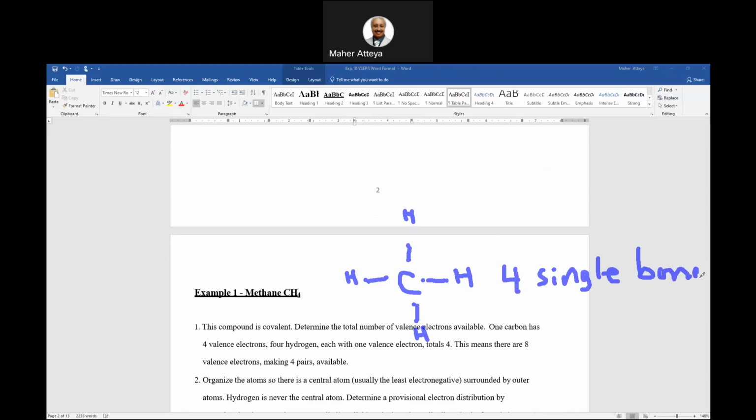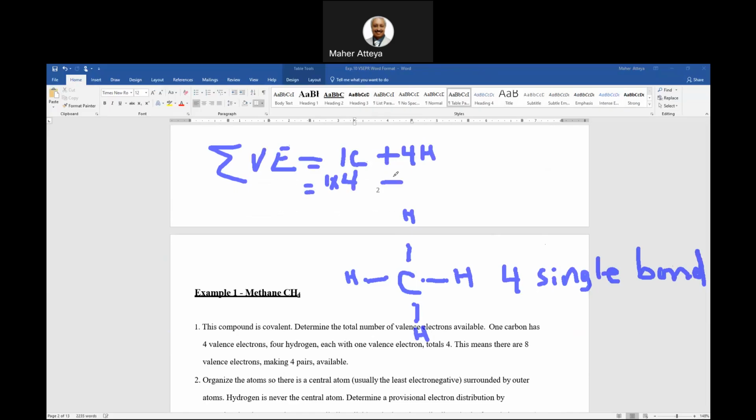You have to check that this is really true. You have to calculate the total valence electrons, the sum of the VE, where VE means valence electrons. So you have 1 carbon and 4 hydrogens, correct? So 1 carbon has 4. This is 4, 1 multiplied by 4.